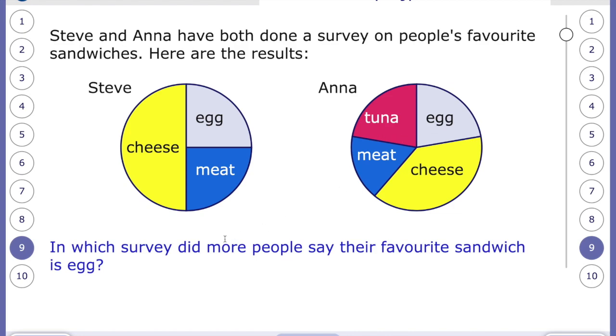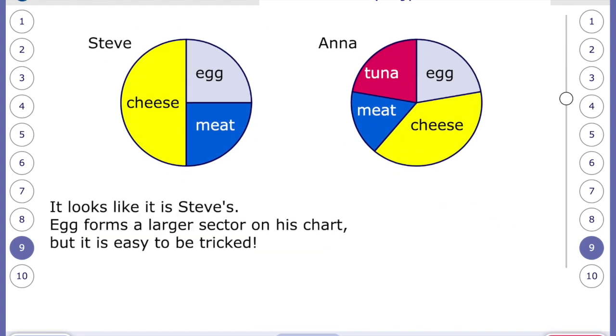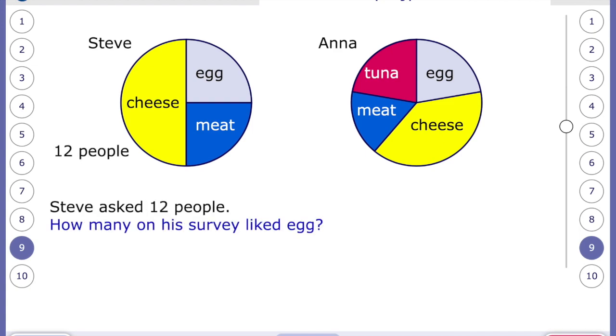If we compare them and ask in which survey did more people say their favourite sandwich is egg, on Steve's it's a quarter, and on Anna's we can see egg here is actually less than a quarter, and I can give you a little secret here, it's actually a fifth.